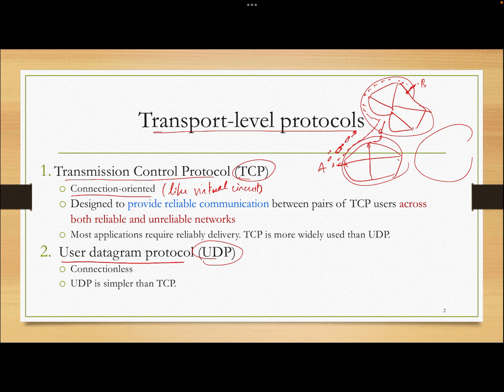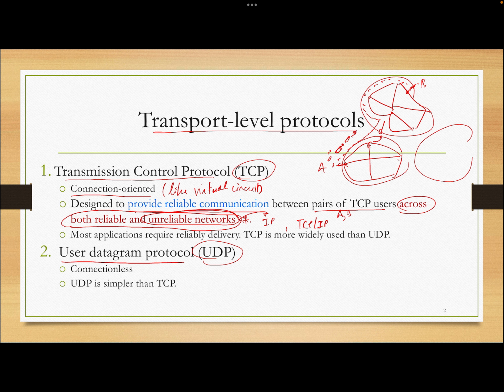TCP is designed to provide reliable communications between a pair of TCP users, like A and B in the picture here, across both reliable and unreliable networks. This is important. We use TCP with the IP. IP is unreliable, so we use the TCP/IP protocol suite.